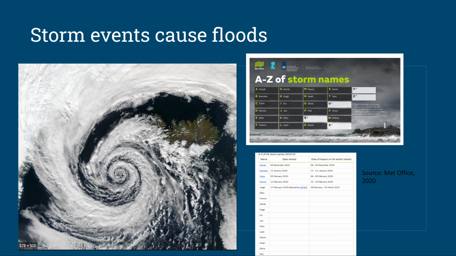And here you would see the eye of the storm passing from west to east over the United Kingdom. And this is the nomenclature used by the Met Office to name storms for this year. So we can see that we've had these A, B and C and D already this year. So you can see that we also had Jorge on the 27th of February. So these storms are named alternating between girl and boy every year.